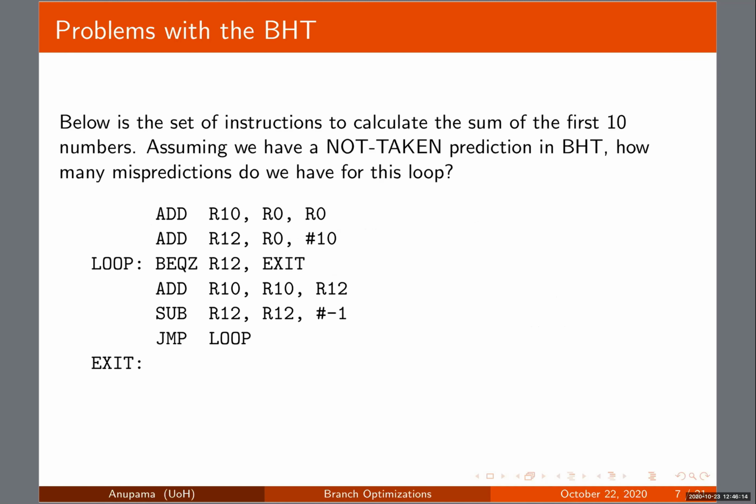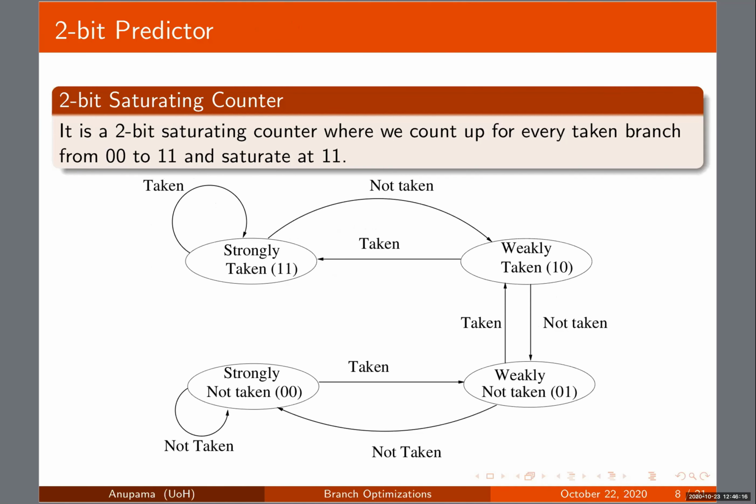So therefore, we go to the 2-bit predictor. It's also called a 2-bit saturating counter. Why? Because we count up. Supposing you start in the state of 0, 0, okay? That is branch not taken.